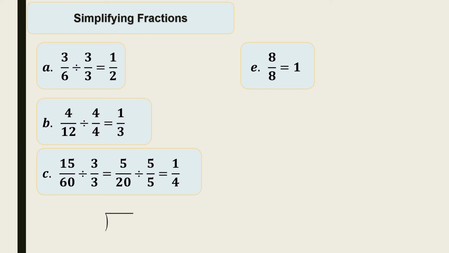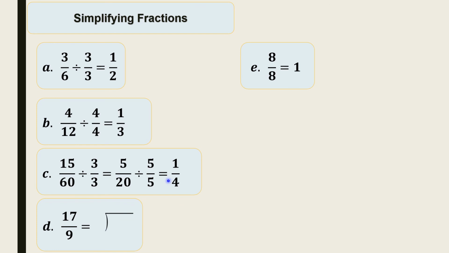So therefore, teacher Mark thinks again that 5 over 20 is divisible by 5. So after that, we divide 5 divided by 5. The answer is 1. And then 20 divided by 5 is equal to 4. Therefore, the simplified fraction of 15 over 60 is 1/4.